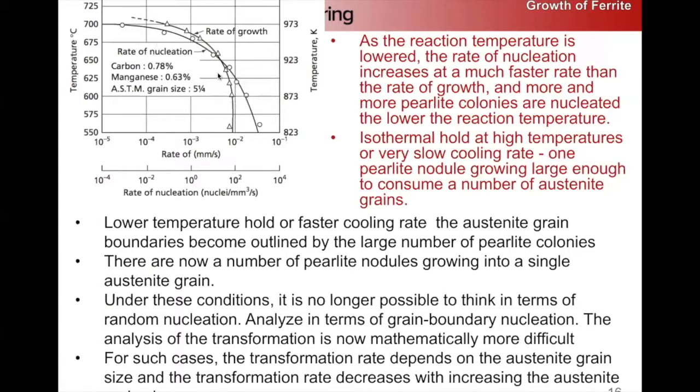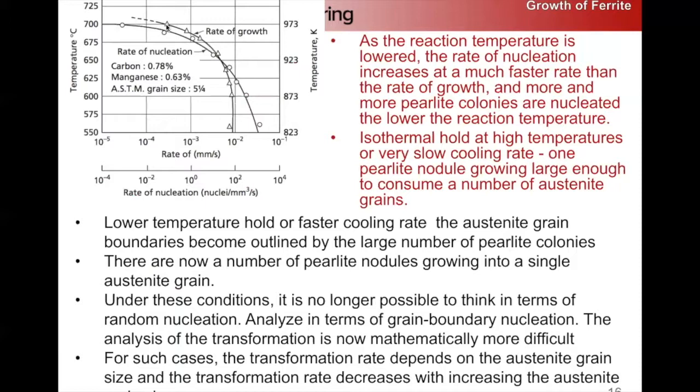And as we lower the temperature, our rate of nucleation becomes higher than our rate of growth. So if we're at an isothermal hold at a high temperature or a low cooling rate, basically growth is faster than nucleation, right? Growth is faster than nucleation.